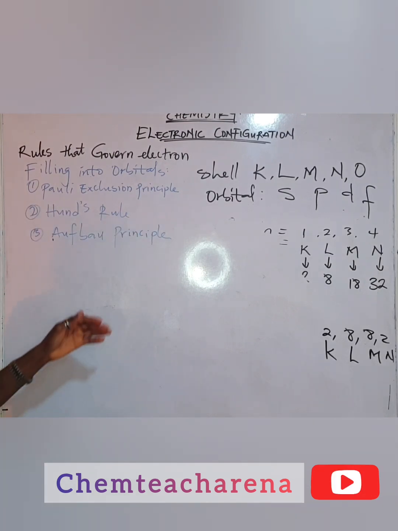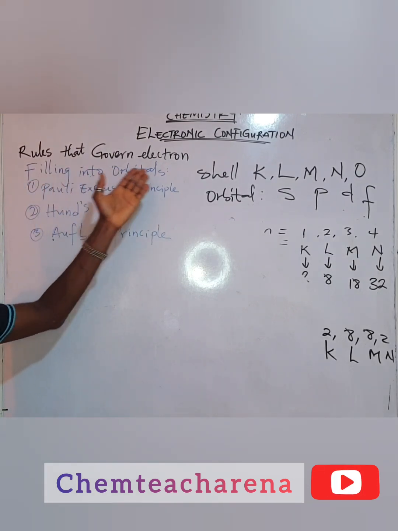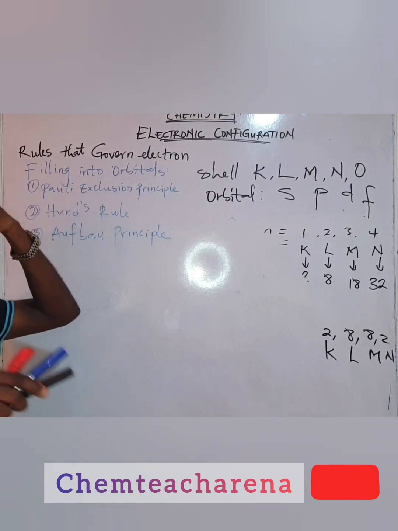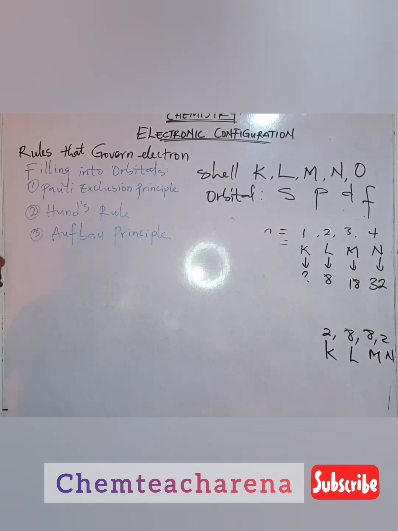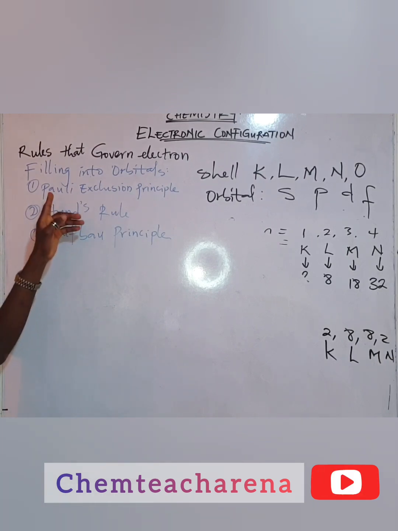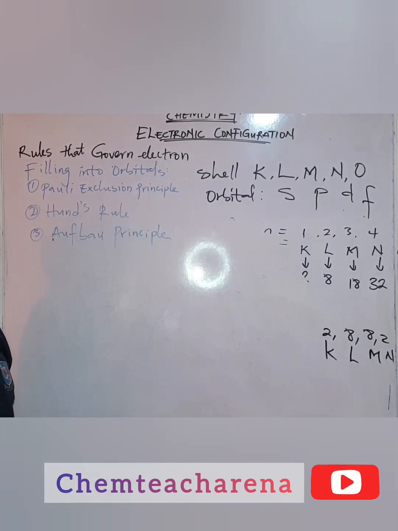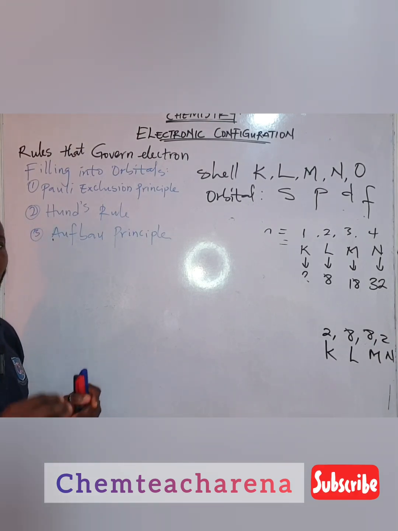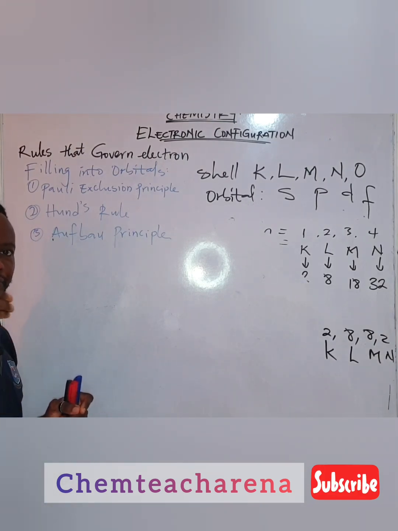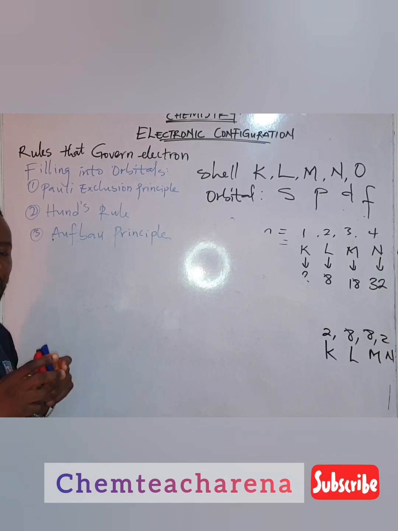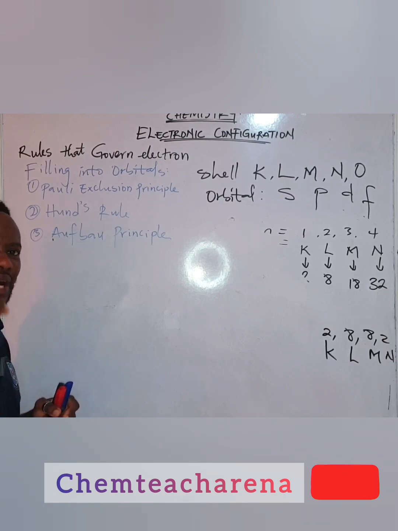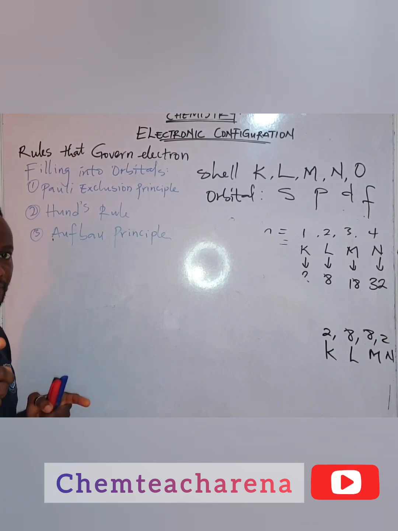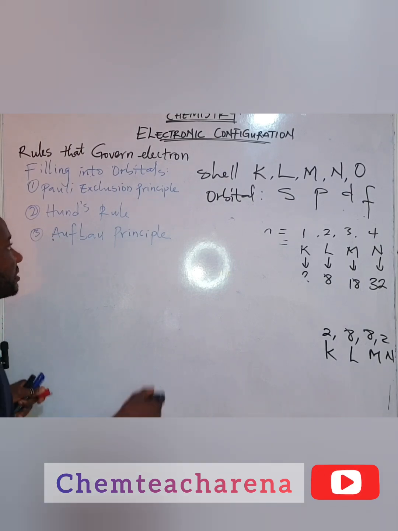The first rule is the Pauli exclusion principle. Pauli exclusion principle states that when two electrons are filled in one orbital, the two electrons must have opposite spin. This is what that statement means.